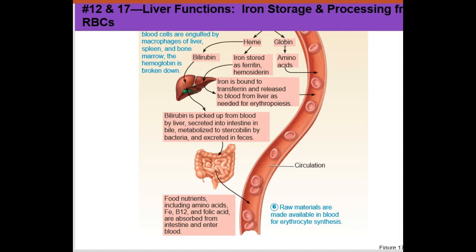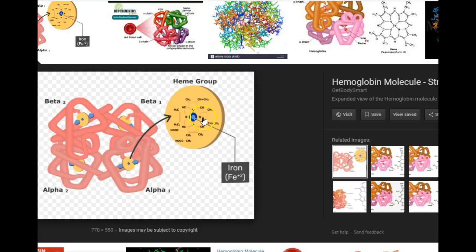Those are the alpha and beta chains, those 4 chains that surround the iron-containing heme group. So the nitrogenous part of heme, which is the yellow part right here. The blue is the iron, but the heme part, or the part that's going to become bilirubin, is this yellow part on the outside here.